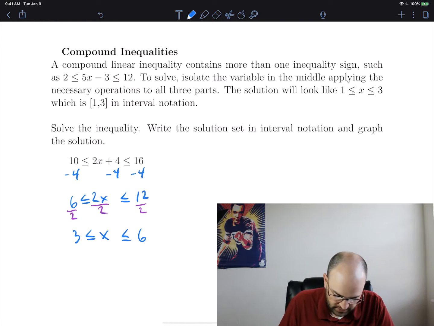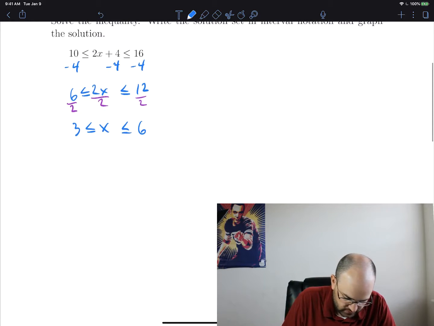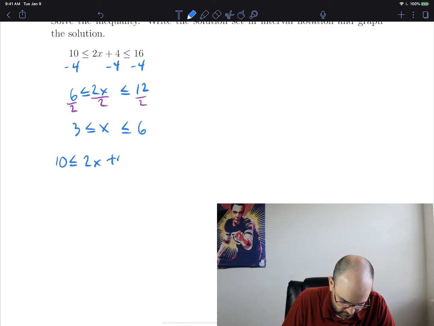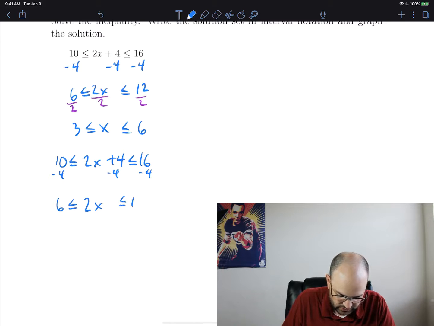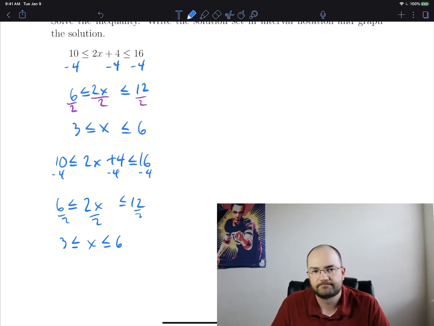Good. So let me go ahead and show you that just all one big step here. The first thing we did was we subtracted 4 from all three sides, which gives us 6 is less than or equal to 2x is less than or equal to 12. Then we divided by 2, which gives us 3 is less than or equal to x is less than or equal to 6.